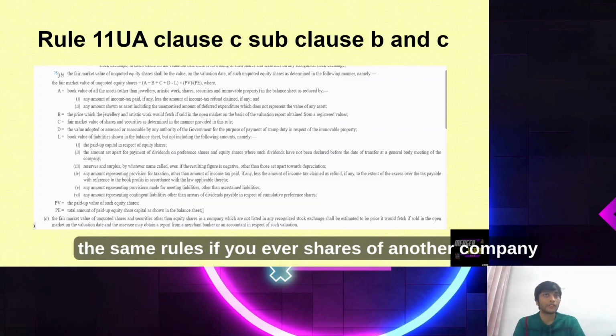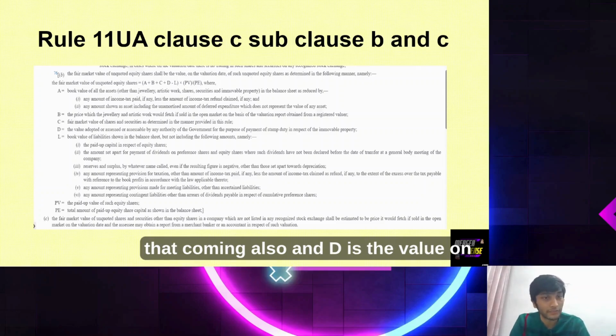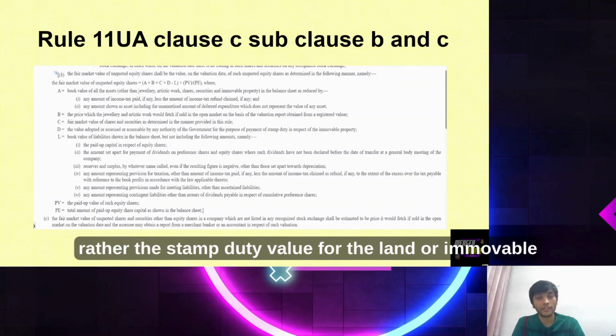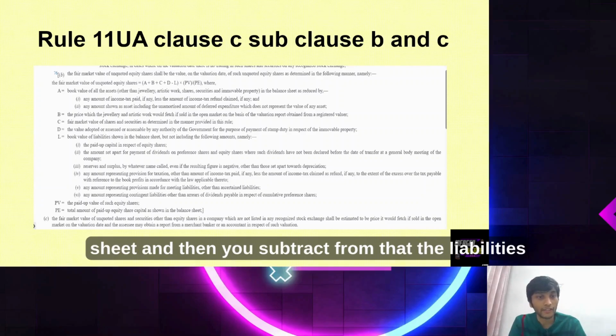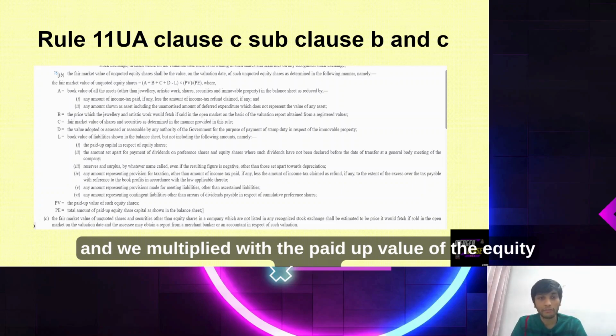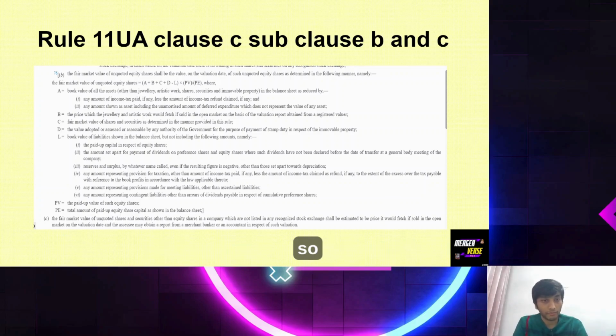So if you have shares of another company, if they are equity shares, you will have to apply the same formula for that company also. And D is the stamp duty value for the immovable property, that is land and building in the balance sheet, and then you subtract from that the liabilities and you multiply it with the paid up value of the equity shares and divide by the total amount of equity share capital in the balance sheet.